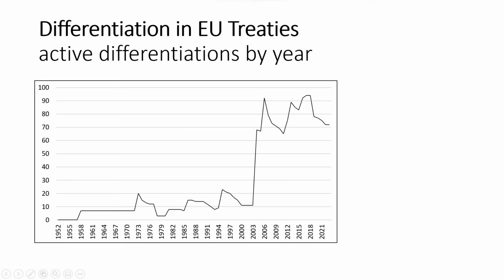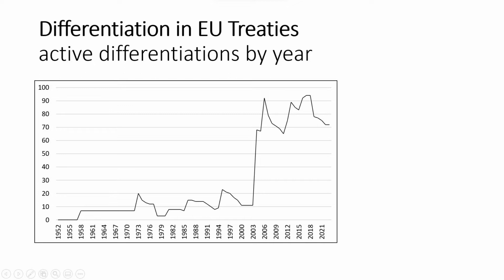The single most important event for differentiated integration in the European Union was Eastern enlargement, the Big Bang enlargement. Ten new member states in 2004, and then two in addition in 2007, which still drove differentiated integration further.